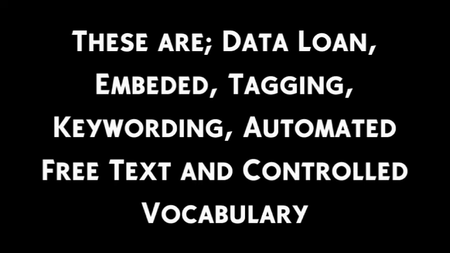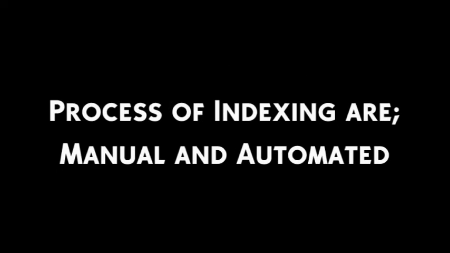Next, the methodologies for indexing are standalone, embedded, tagging, keywording, automated, free text and weighted text, and controlled vocabulary. The processes and procedures of indexing are manual, which involves handwriting, and automated, which involves a computer with special software that makes the index.